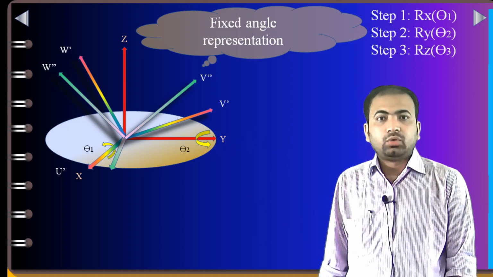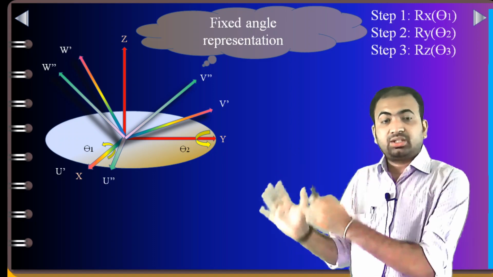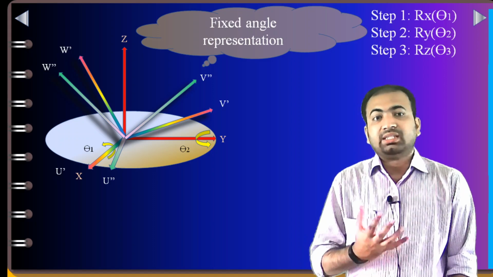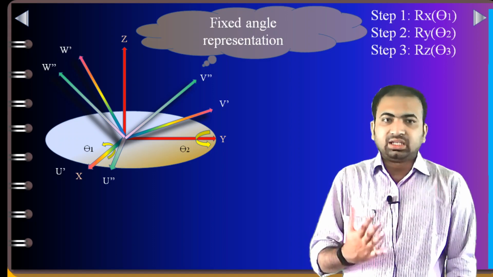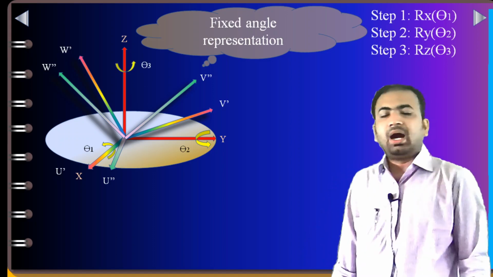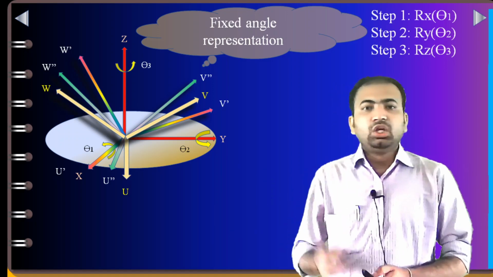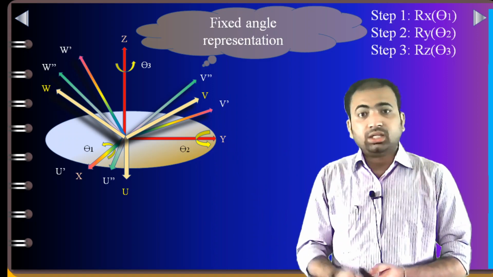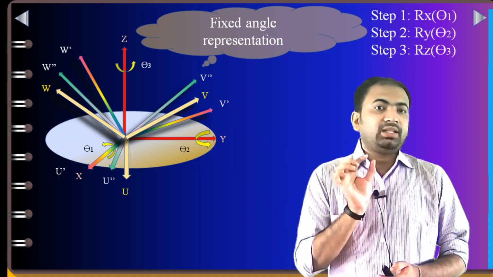After that we have to rotate our newly constructed frame by an angle theta 3 about the z axis. That means we have to perform Rz theta 3. If we perform this, we will get the UVW frame, denoted by yellow color. That is our final frame, our final output.